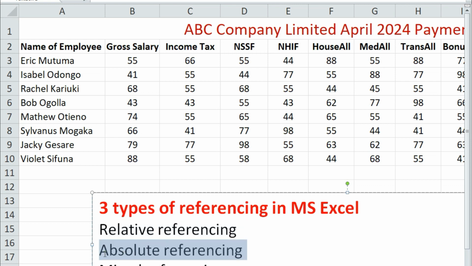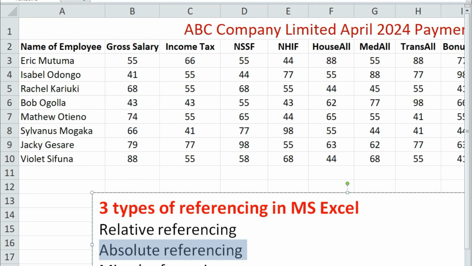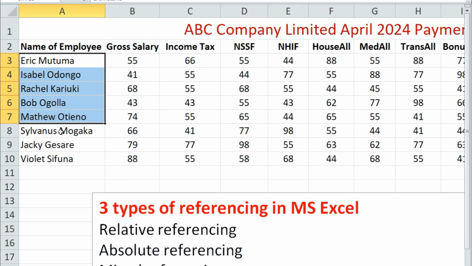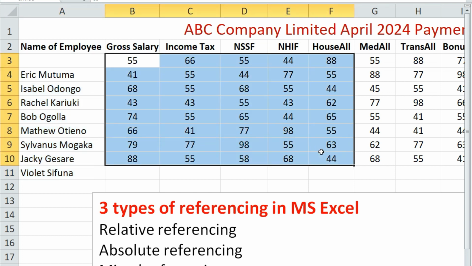But now in absolute referencing, we have an absolute. For example, I'm gonna take all these names, Control X, and make them start from A4 here. And then I'm gonna delete all these figures.